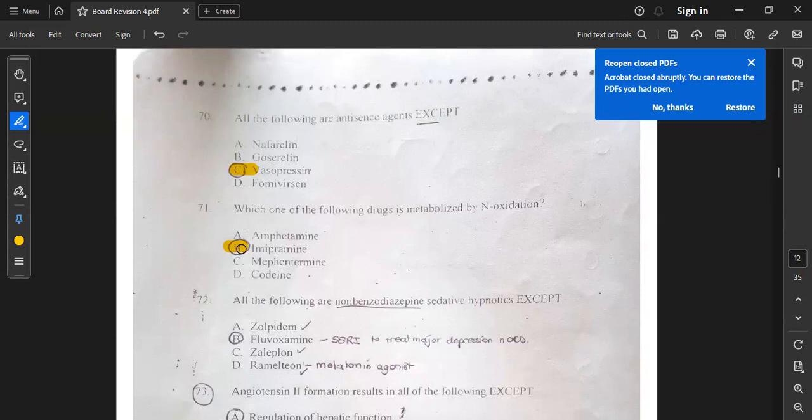Brenda is saying choice B, fluvoxamine, is not a non-benzodiazepine sedative hypnotic. All the others are non-benzo sedative hypnotics. Now, what are these drugs used for? Majorly, zolpidem, zaleplon, ramelteon, what's the pharmacological indication of these drugs? And then what is fluvoxamine, and what's also its pharmacological indication while we're at it?